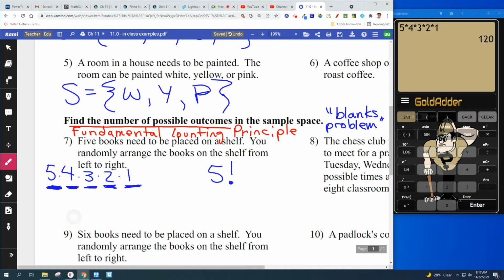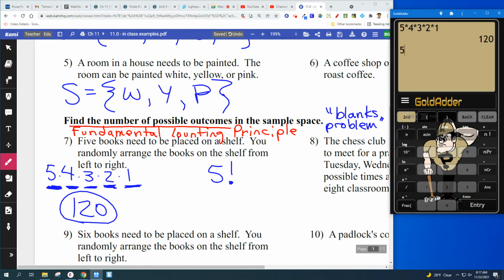So that is the answer, 120. That's what a factorial is. So if you find that factorial button, it's an exclamation point on your calculator. That does 5 times 4 times 3 times 2 times 1. 5 factorial.